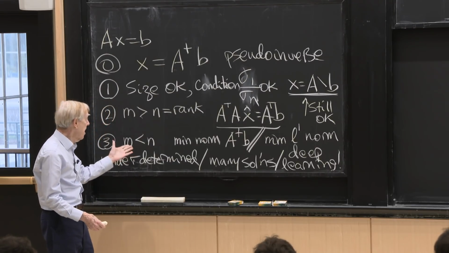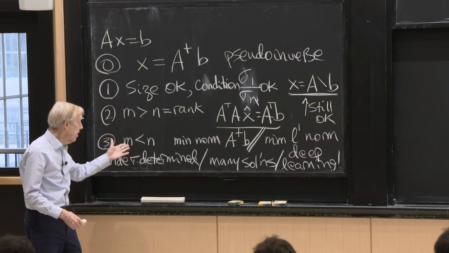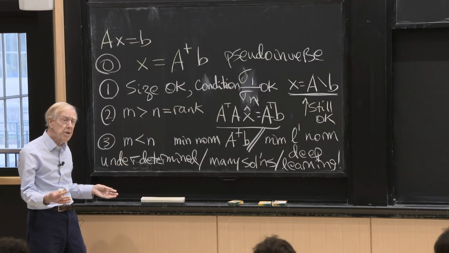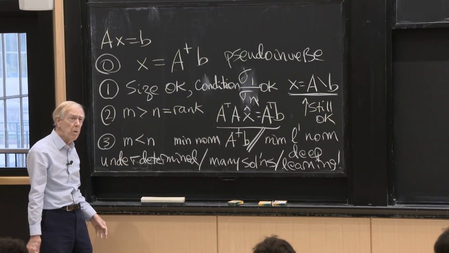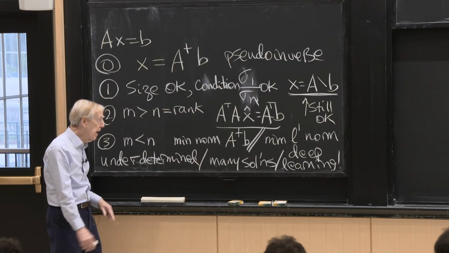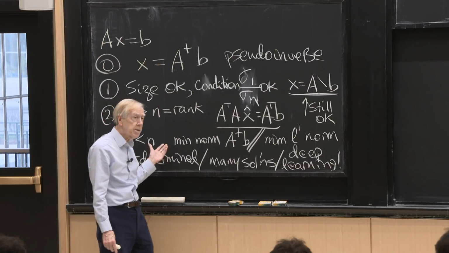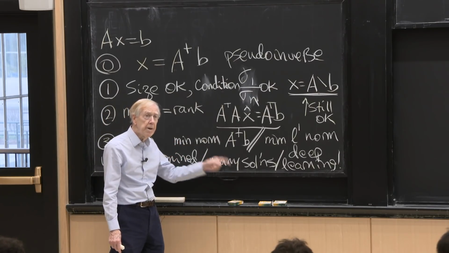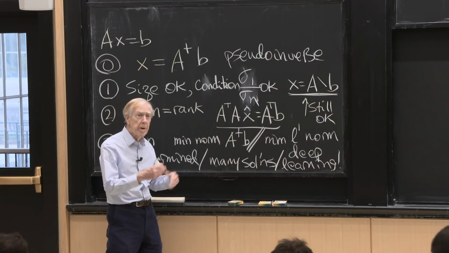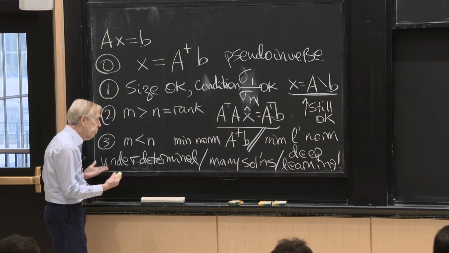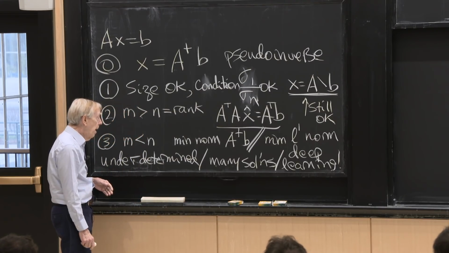Okay, now here's the other extreme. This is the underdetermined case. I don't have enough equations, so I have to put something more in to get a specific answer. And what makes it exciting for us is that that's typical of deep learning. There are so many weights in a deep neural network, and the weights would be the unknowns.